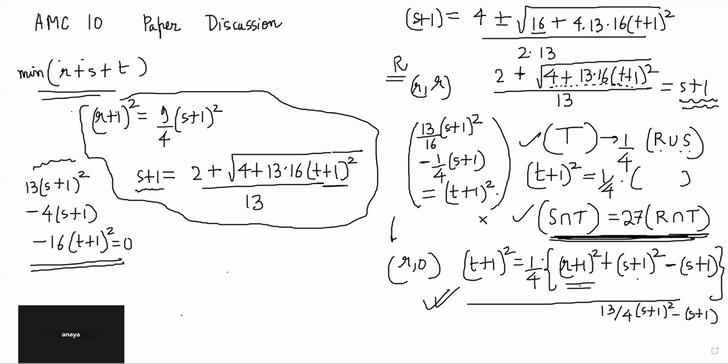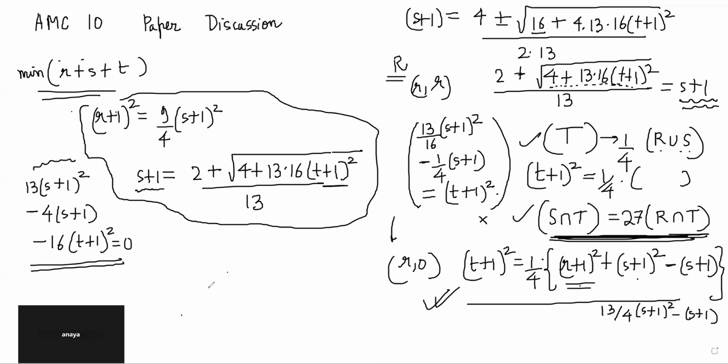They are comparing S intersection T and R intersection T. S intersection T has 27 times R intersection T. That means the total is 28 times R intersection T, the total number of lattice points in T. Think about it.